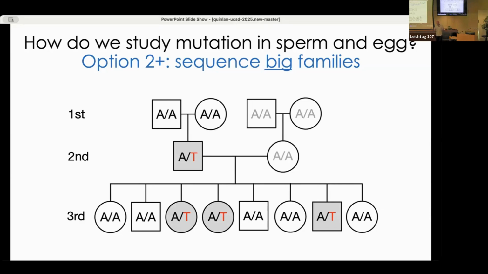That's possible with small families, but because of binomial sampling, you could get 50-50 kind of easily. But if you now have 9, 10 kids to look at, you can actually look at a really nice expected 50-50 ratio of that allele in the 3rd generation. I'm sorry for bumping into that screen.